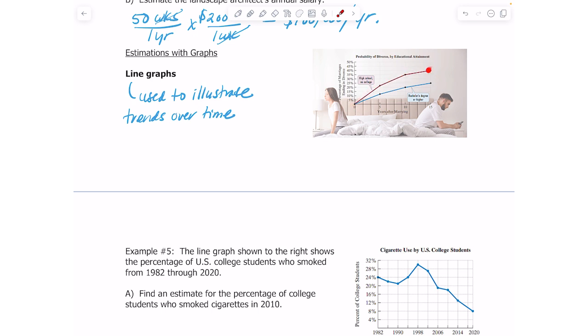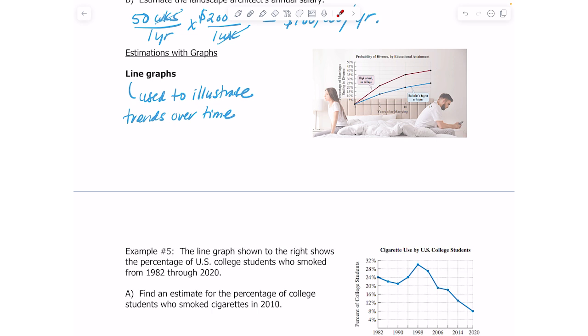So if you just compare after 15 years, right, you can estimate approximately 40% of the marriages ended in divorce for people that had no college degree, compared to about 25% of couples that had a bachelor's degree or higher that ended in divorce. Okay, so here the longer lasting marriages occurred for those with a higher education.